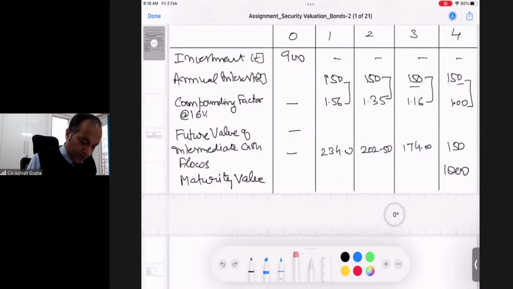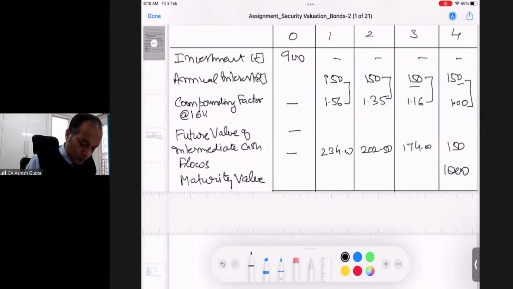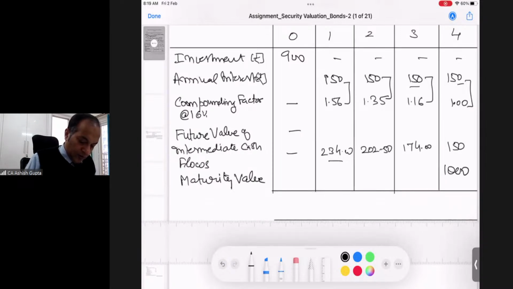Now we compute the overall value. It will be the sum of all these amounts plus this.